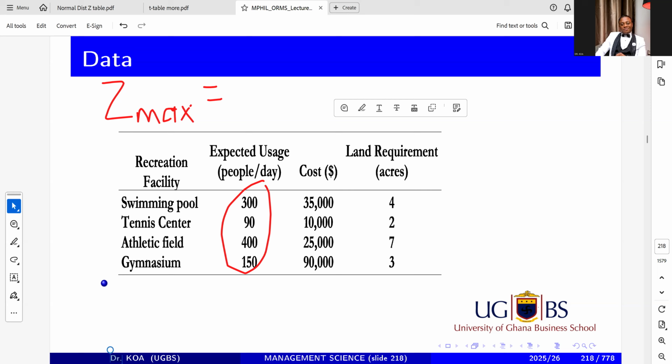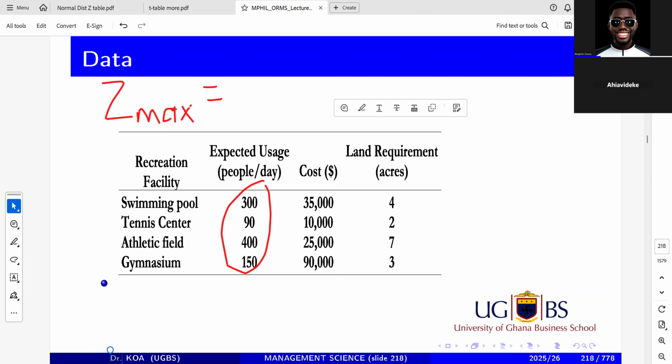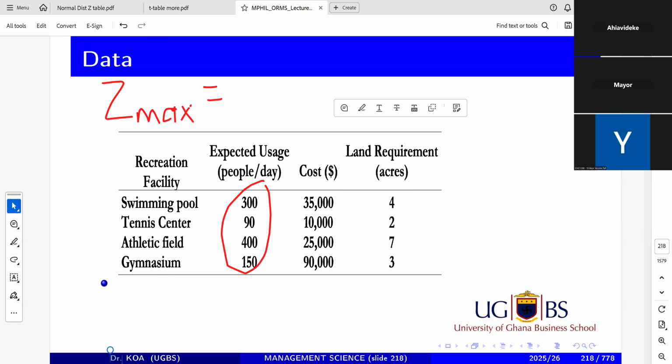Attached to plus, it will be x1, x2, x3, attached to each of these. What is attached? Benjamin. People per day. What is attached to them when you're formulating? Mayor. So the decision variables. The decision variable, that's what is attached to them.